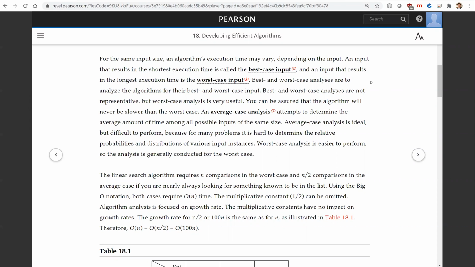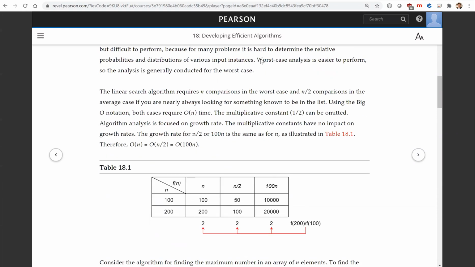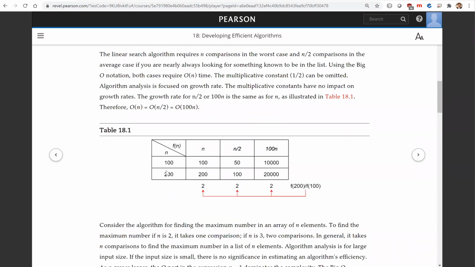So let's look at this table. You'll see the reason. For this table here, n is of size 100 and 200. This is the function f(n). So f(n) is n divided by 2, or 100 times n. If you look at f(200) divided by f(100), this is all 2.